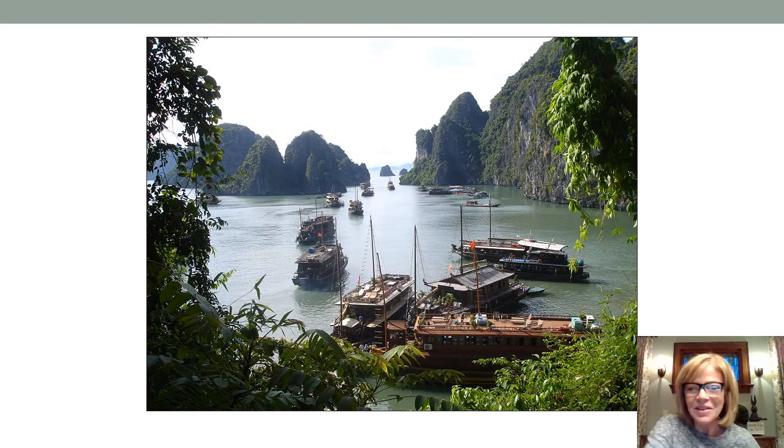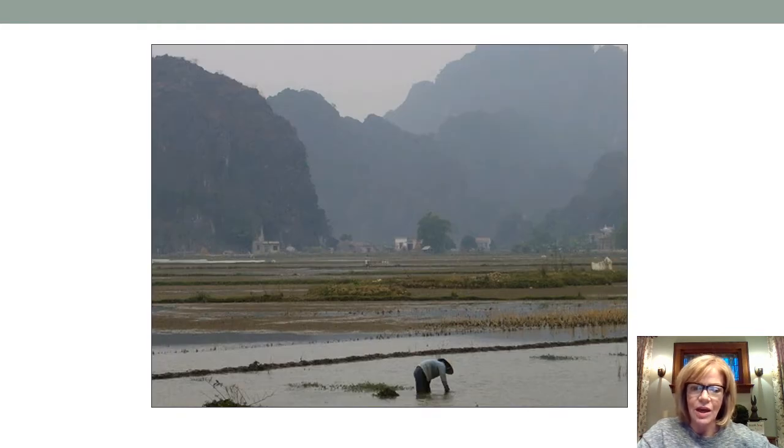Okay, here, doesn't that look exotic? Look at the mountains that just jump right out of the ocean. This is obviously from tectonic activity that takes place. Notice too, it's very green and lush because it's in a tropical environment, but that also means it's very hot. Okay, and these are rice paddies where it's very flat.